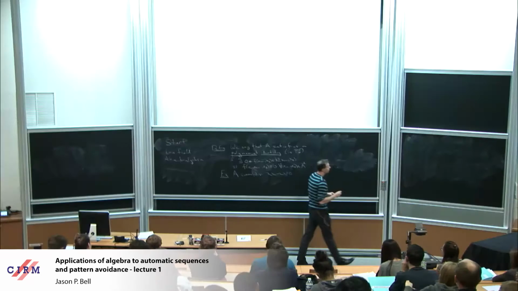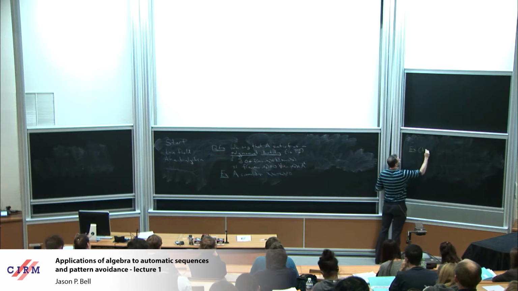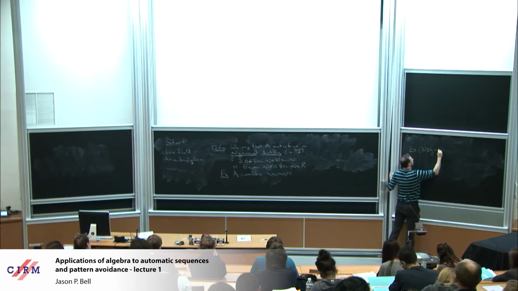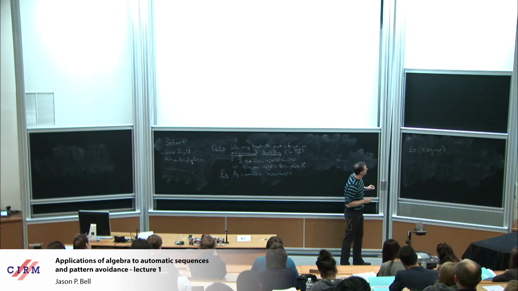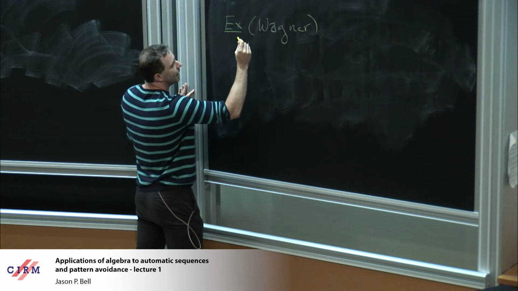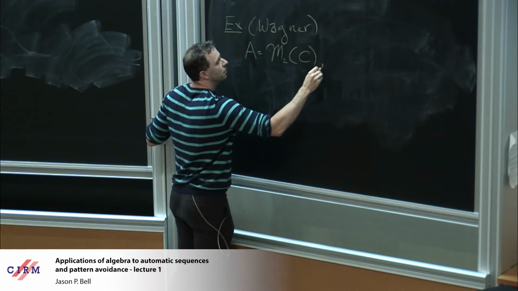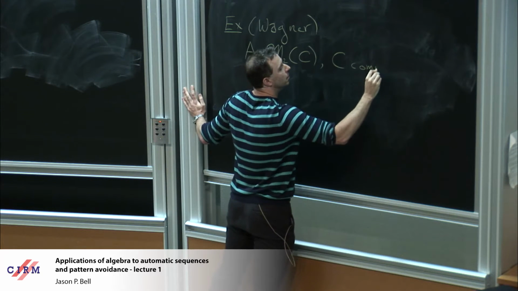Another, less well-known example, this is due to Wagner, not the composer, unfortunately, but still a famous mathematician. We take A to be 2 by 2 matrices over C, where C is commutative.